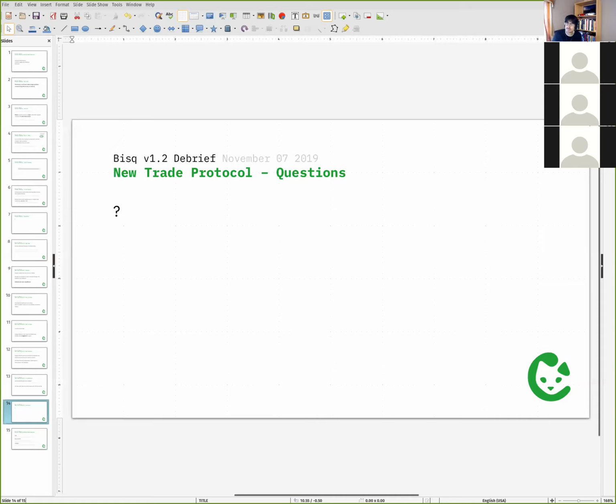There might also be another idea. I have not thought deeply about this, but in the distribution of the trading fee to the arbitrators we used an algorithm which was pretty safe, maybe not 100%, but pretty good, and that distributed the trading fee to one or the other arbitrator.